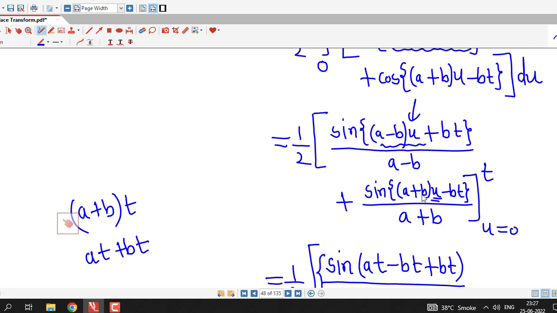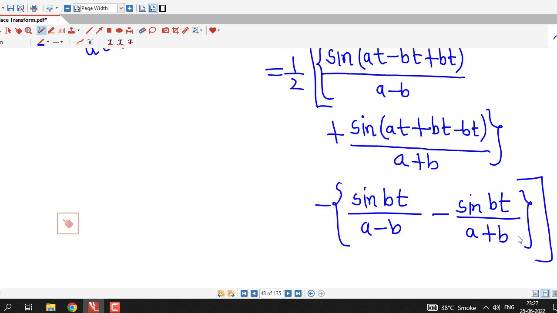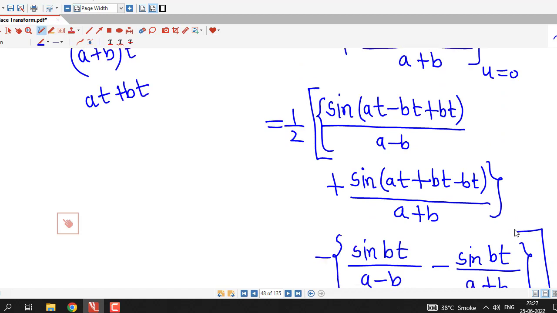And if we take u equal to 0 in this term, we will have sine of minus bt, that we can write as minus sine bt, divided by a plus b. So here we write minus sine bt divided by a plus b. This is for u equal to 0, that is for the lower limit.